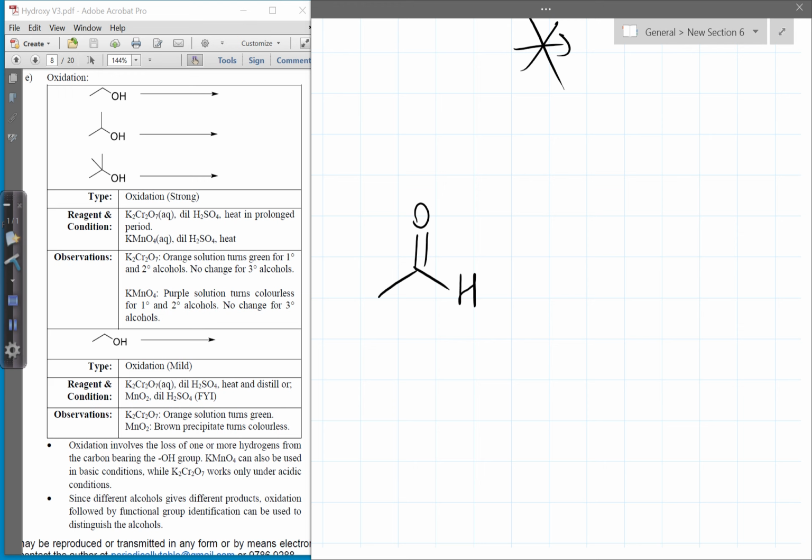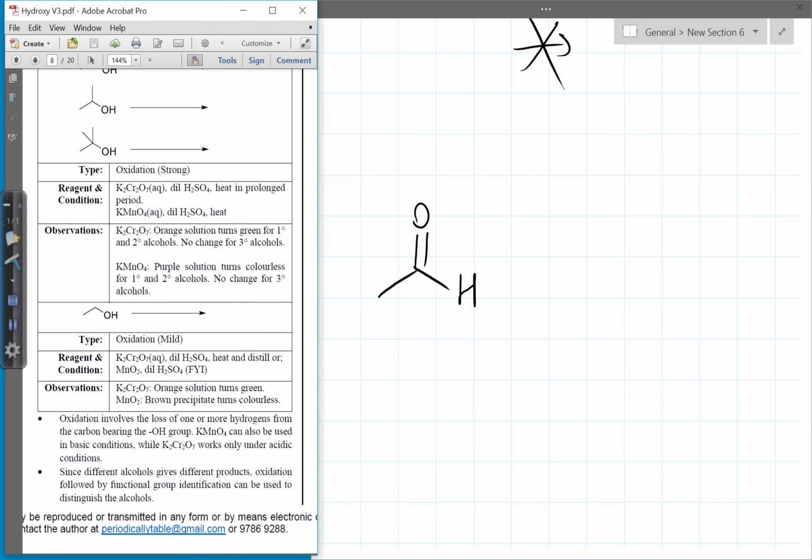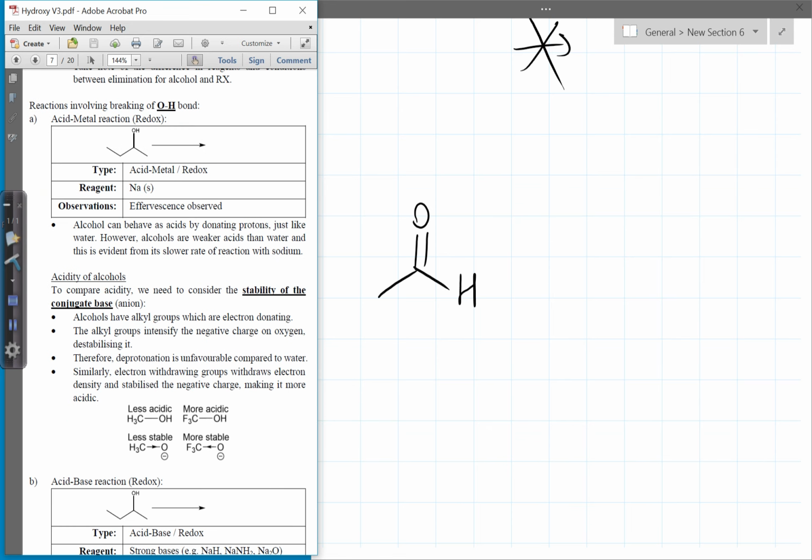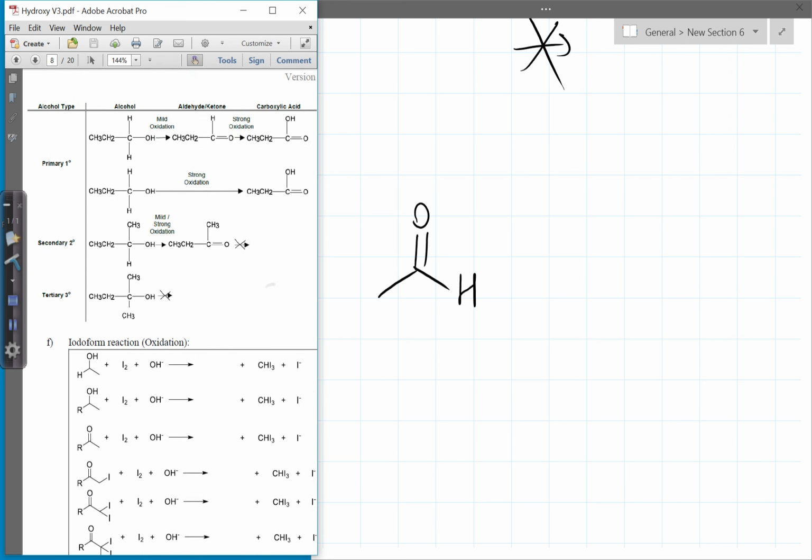So that's why it's brown to colorless. Colorless is because of your Mn2+. So oxidation involves the loss of one or more hydrogens from the carbon-bearing OH group. KMnO4 can be used in basic conditions, while K2Cr2O7 works only under acidic conditions. So you can actually use oxidation to differentiate your alcohols since they give you different observations.